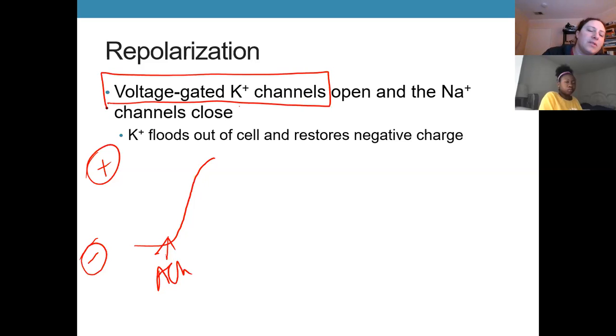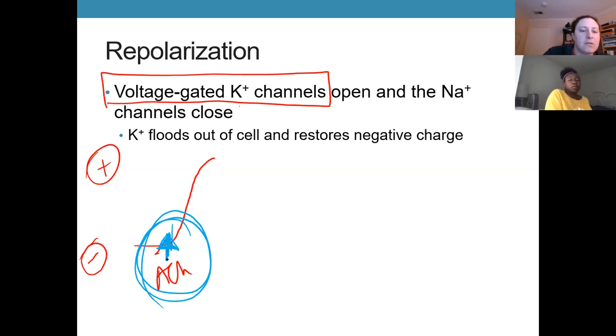Now, these are triggered to open at the same time that the sodium channels are. So this triggers all of the voltage-gated channels. It's just that the potassium ones take longer to respond.